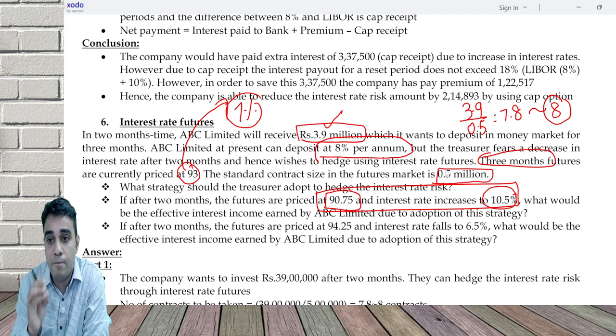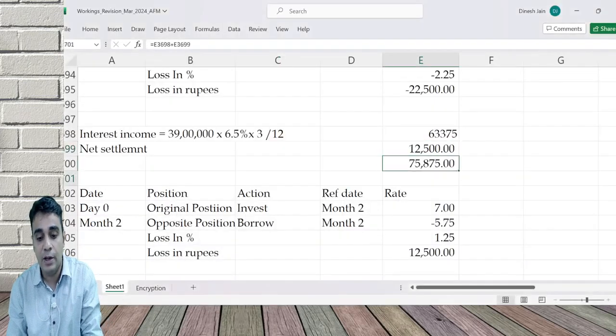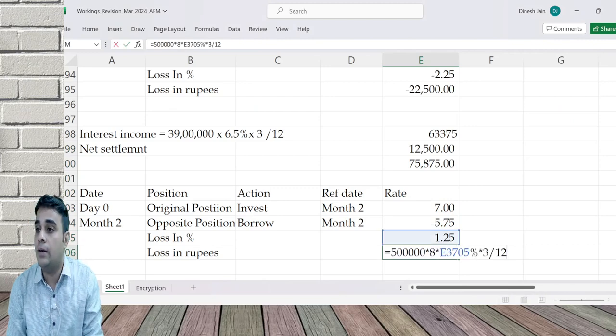Today, I can have a March 3-month future, April 3-month future, May, June, July, August 3-month future. What is a 3-month future? When you calculate your settlement, you will multiply by 3 by 12.